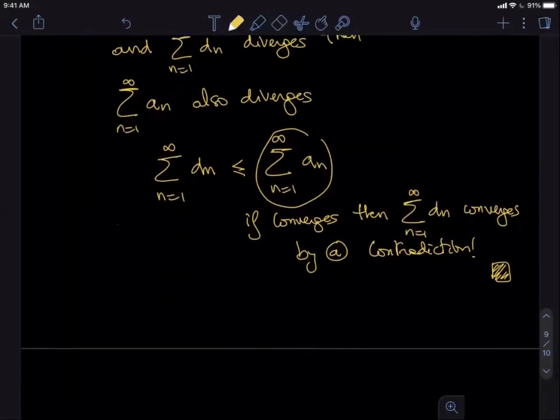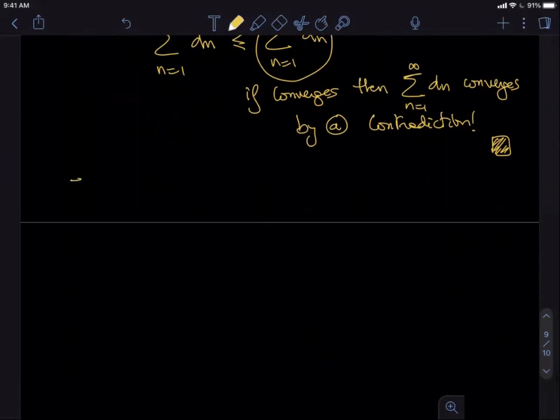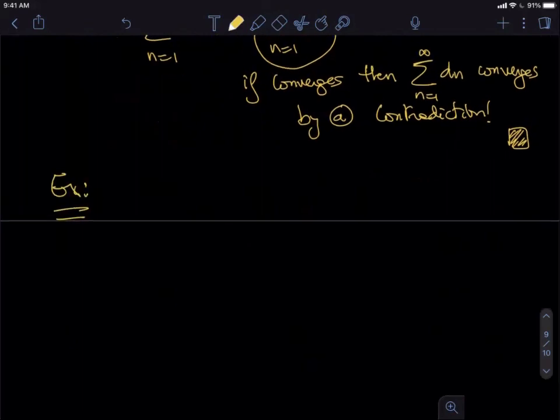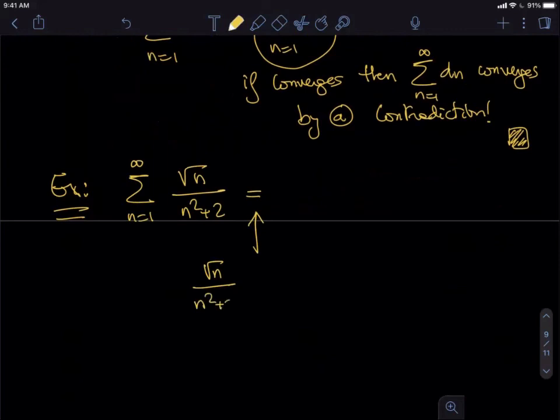Let us complete with one example. So let's take the sum of square root of n divided by n squared plus 2, n equal 1 to infinity. Here what we are going to use is that the square root of n divided by n squared plus 2 is less or equal because n squared plus 2 is bigger or equal than n squared.